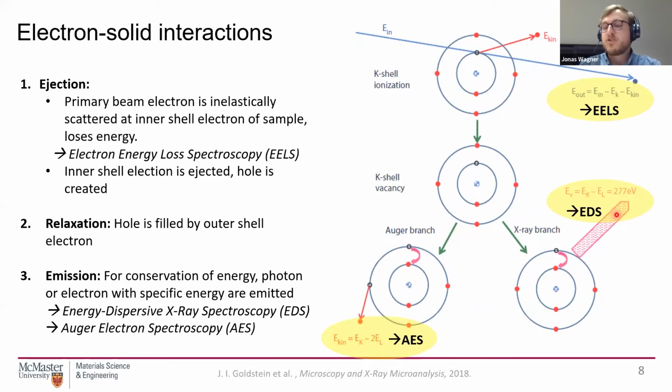So an X-ray with a specific energy, which is measured in EDS. Those two roads, I would say, are competitive. Auger is more dominant for lighter elements. EDS is more dominant for heavier elements, and also at higher primary beam accelerations.